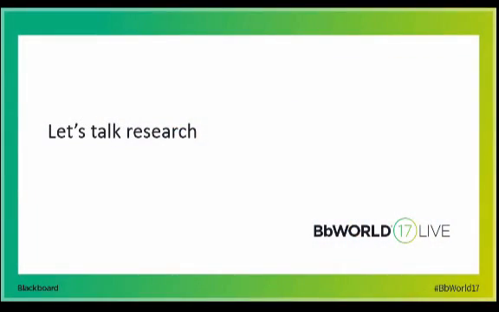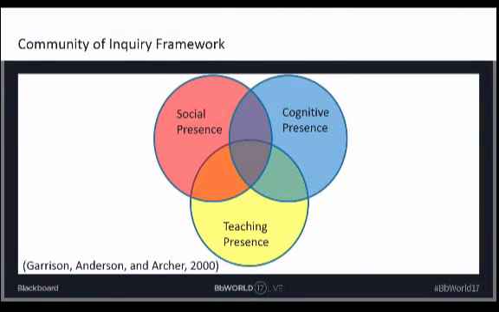So in order to help address that, we're going to talk research, which I know is everybody's favorite part of every presentation. We'll go through it fairly quickly, but we're going to look at the Community of Inquiry Framework by Garrison, Anderson, and Archer. Just as a side note, there is a reference slide at the end, so if you're looking at this online later, you can forward to that spot to see what research we're talking about here.